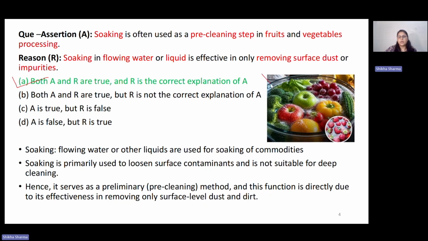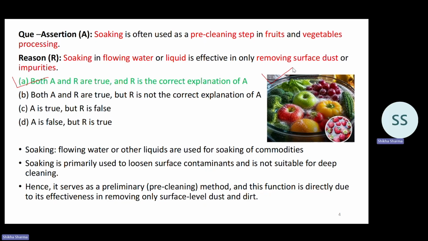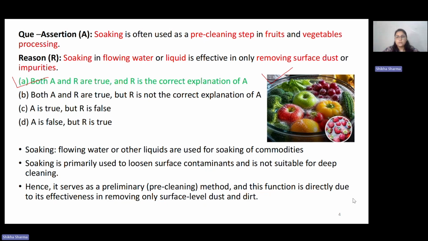So this is the pictorial representation showing how we do the soaking process. Soaking is usually done by putting the fruits and vegetables in water for some time, and sometimes we can use chemicals or baking soda to clean the surface of the fruits and vegetables.